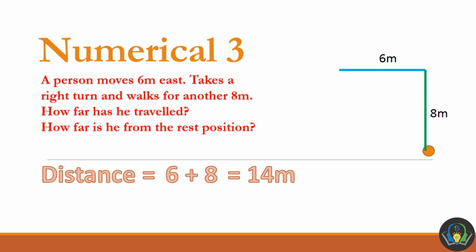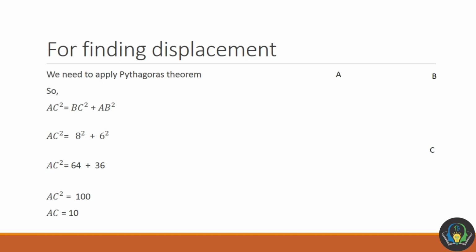How far is he from the rest position or the initial position? For finding the displacement, we need to apply the Pythagoras theorem. A to B is 6 meters, B to C is 8 meters, and the shortest distance from A to C will be found by applying the Pythagoras theorem, which is AC square equals BC square plus AB square.